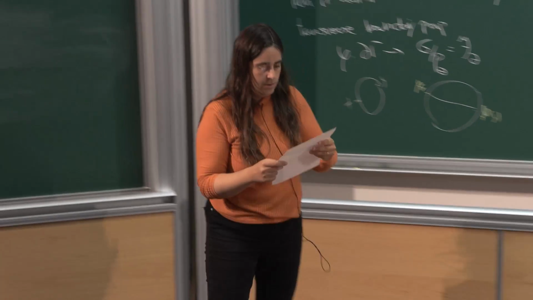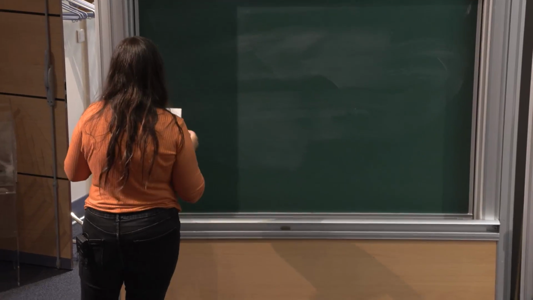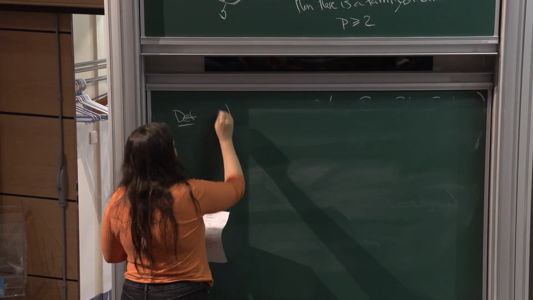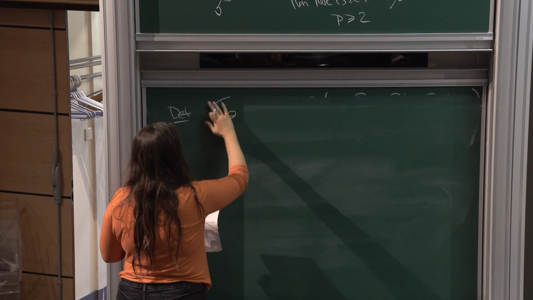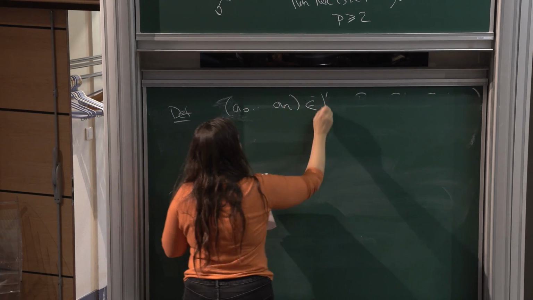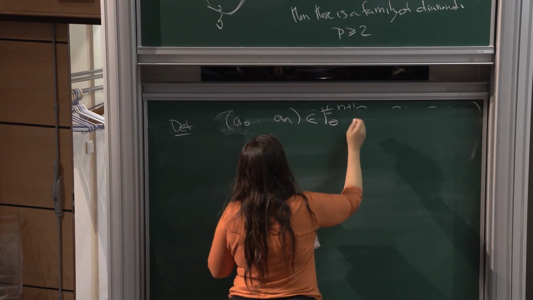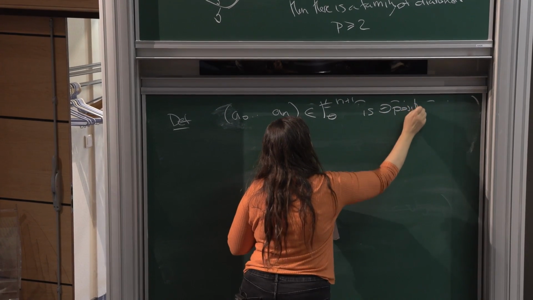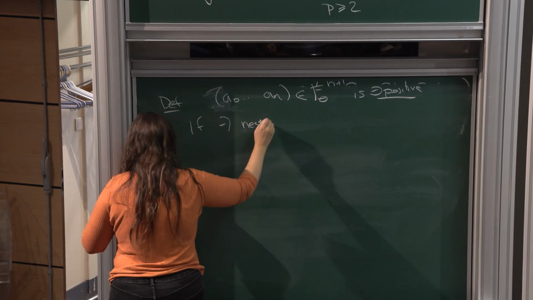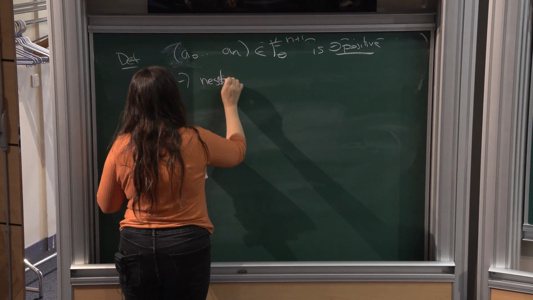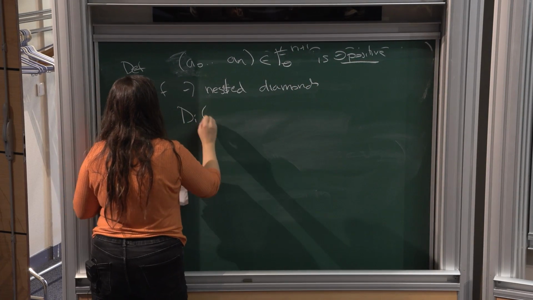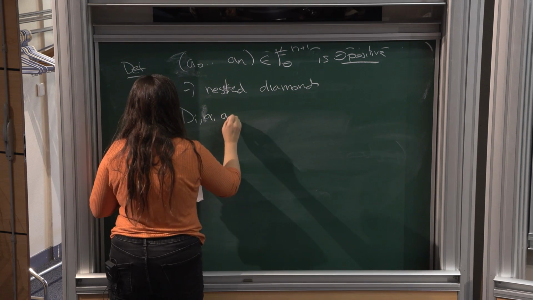Okay, let me just take one minute to say what, like, if F theta admits a family of diamonds, in this case we say that an n-tuple a0, ..., an in F theta to the n plus 1 is theta positive if there are nested diamonds d0, ..., dn.